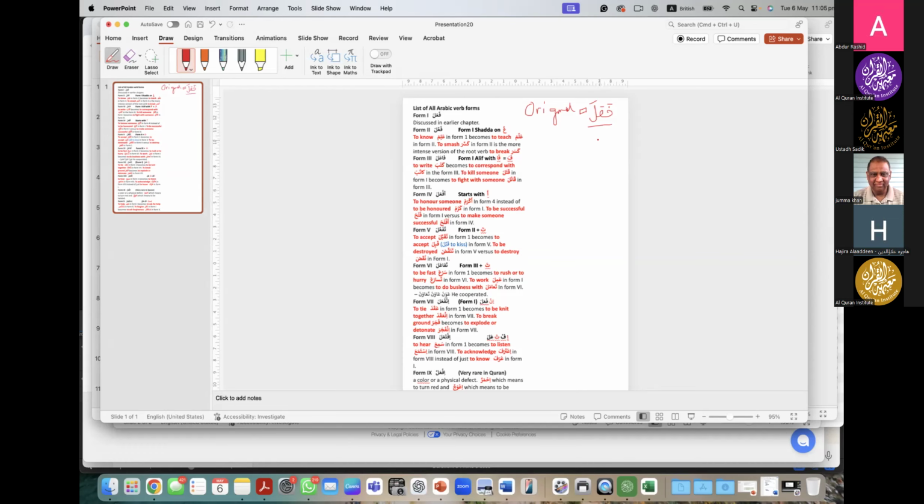We'll just repeat to make sure you fully know this by heart without any hesitation. So form 2, what's the difference between this and form 2? What changes? The Ain has shadda added. Okay. So as a result of that, from 3 letters you have got 4.